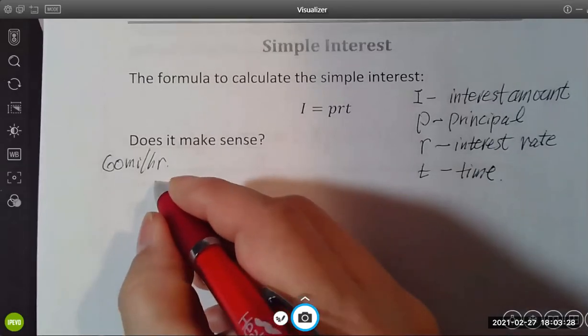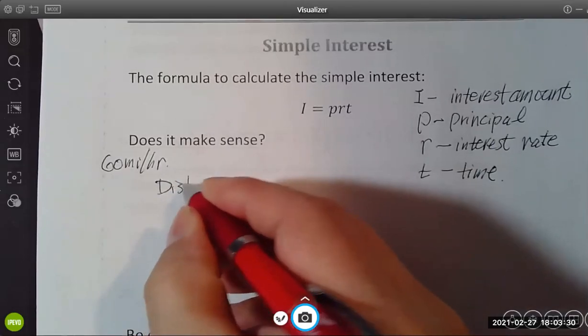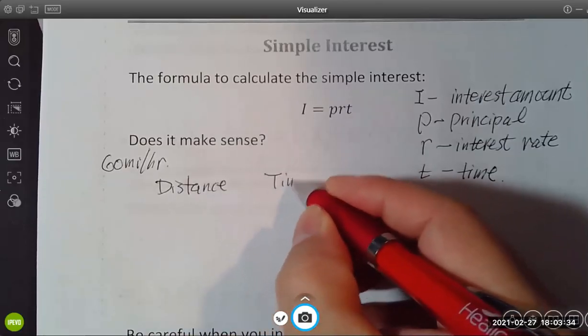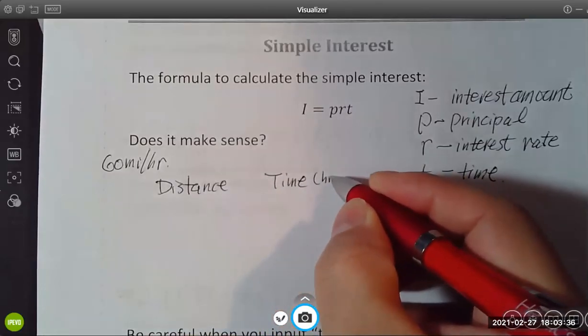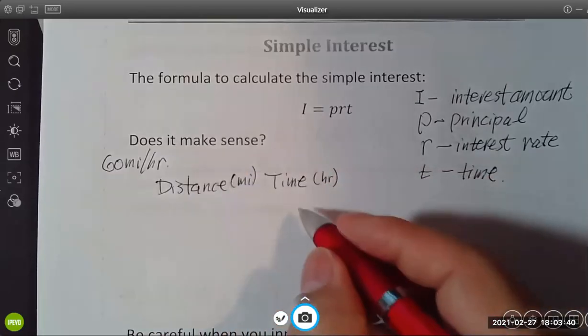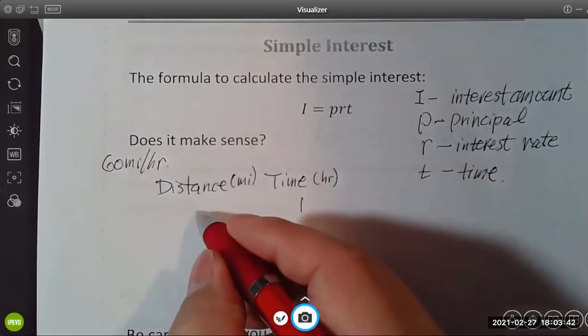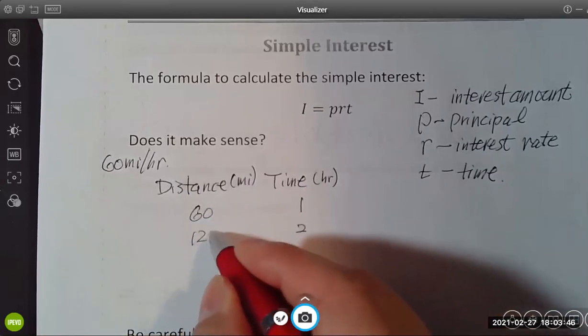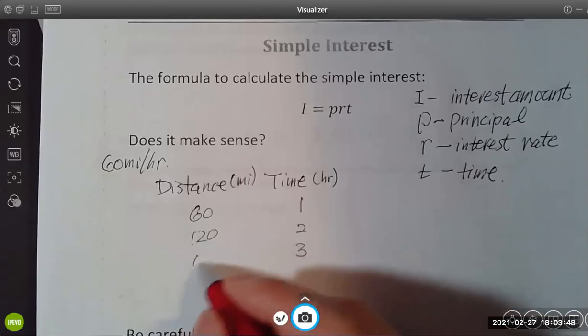So this is distance. And this is time. Time is in hours, distance is in miles. Let's say if you drive 1 hour, that's going to be 60 miles. And 2 hours, 120. 3 hours, 180.